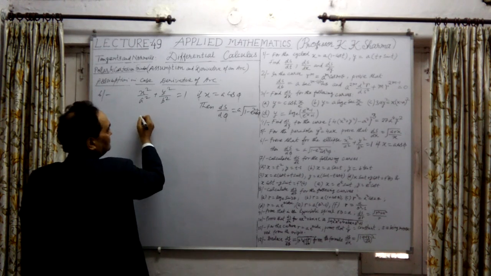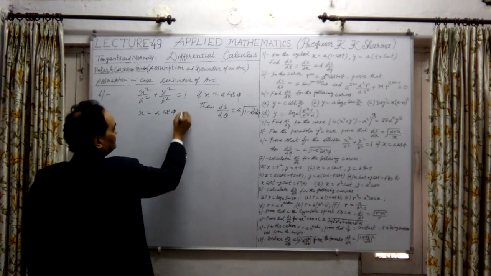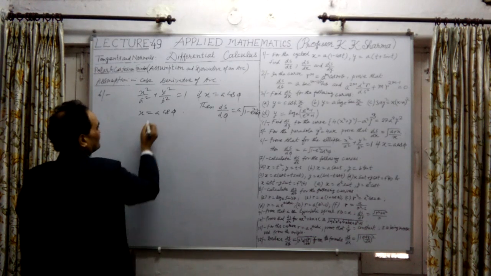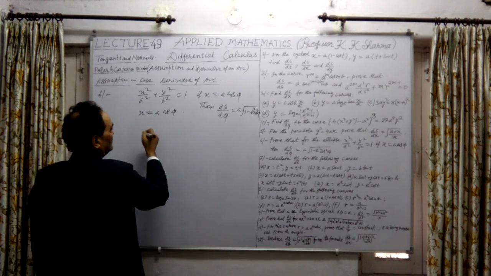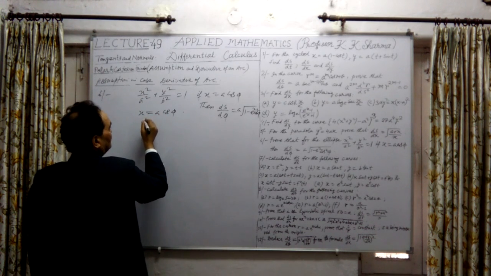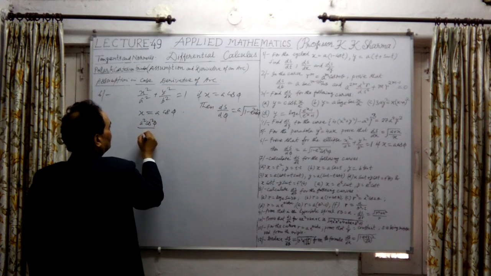We are given x equal to a into cos phi. If I substitute this x here, in place of x we get a square cos square phi upon a square.